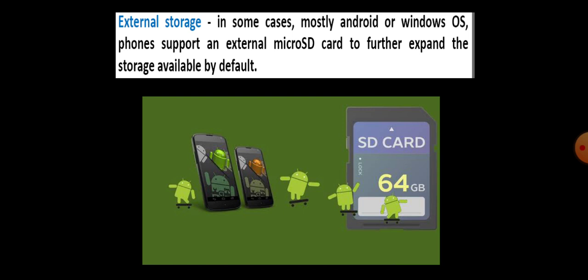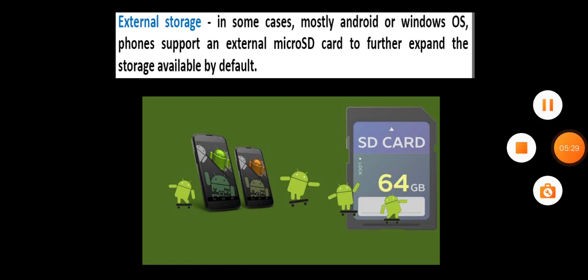OTG is a wire which is used to connect our mobile system with our pen drive, that is flash drive, that is external storage. I think I have discussed the primary and secondary storage devices which are used in a mobile. Thank you.